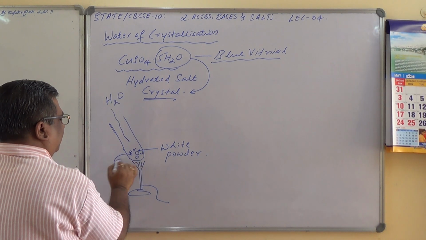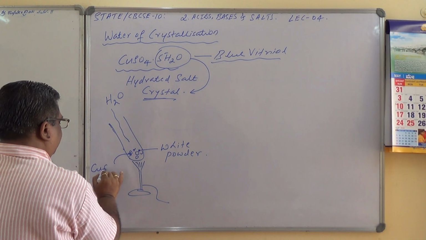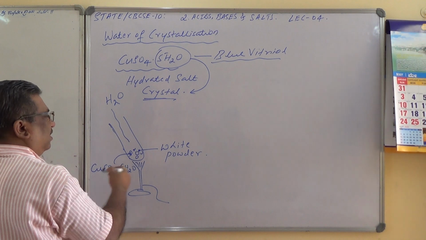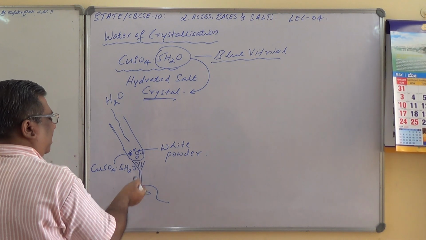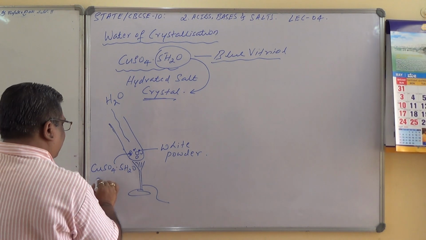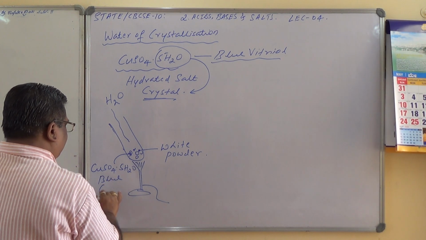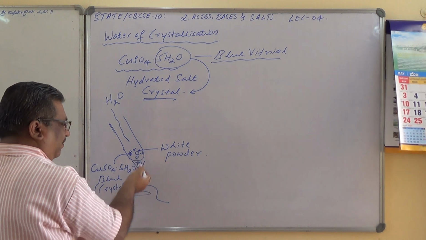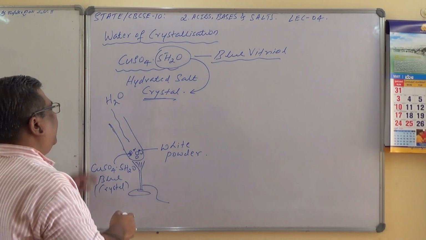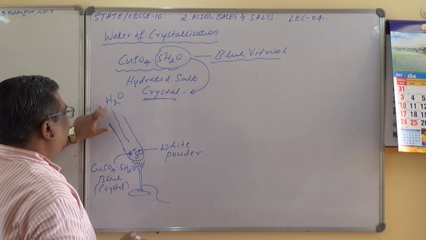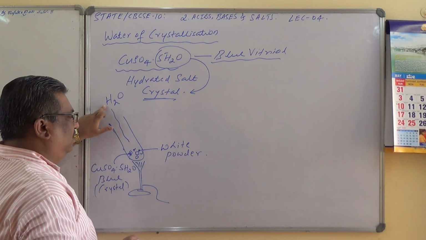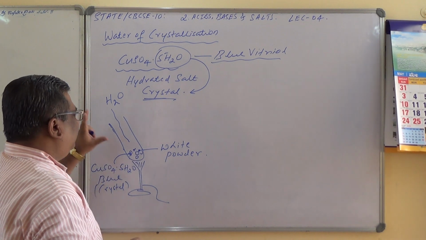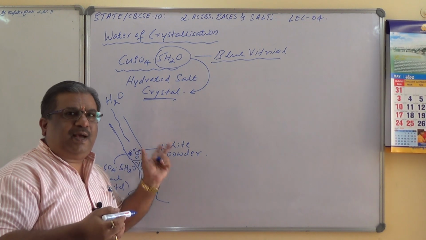What we had taken earlier was CuSO4 into 5H2O, which is hydrated copper sulfate, or blue vitriol, blue crystals. Now if it is heated, it will lose either partially or fully the water of crystallization molecules and get converted into a white powder. And this property generally happens to many of the salts.